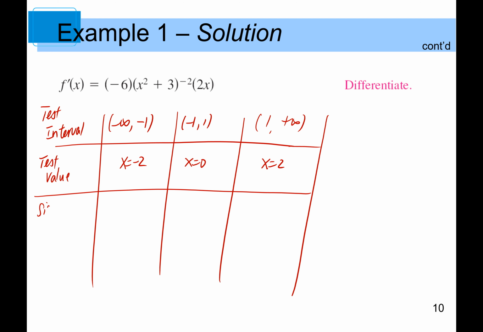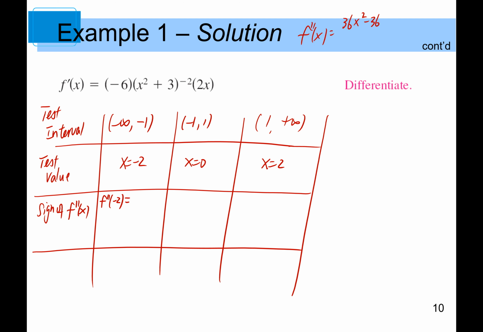Then we start determining the sign of f double prime of x. So f double prime of -2. f double prime of x equals 36x squared minus 36 over x squared plus 3 to the third. If you look at the equation, the denominator is always going to be positive. So we have 36 times -2 squared minus 36 on top, over -2 squared plus 3 to the third.